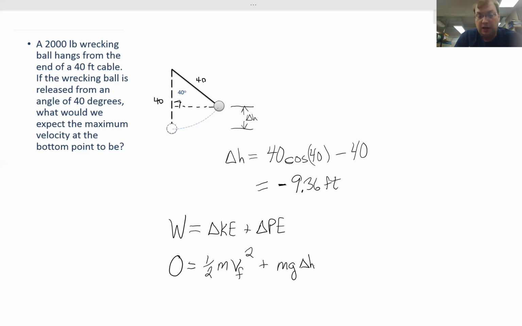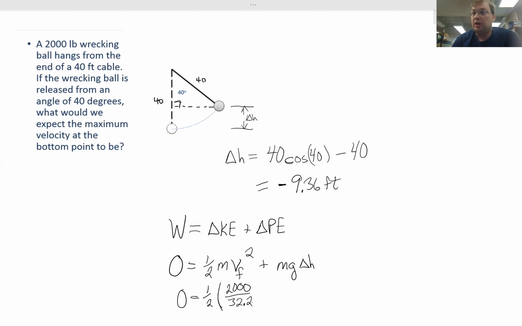As a result, we can now plug these in. Remember, because we're dealing with 2,000 pounds for the weight, we need to account for mass being equal to the weight divided by g, our conversion due to gravity.